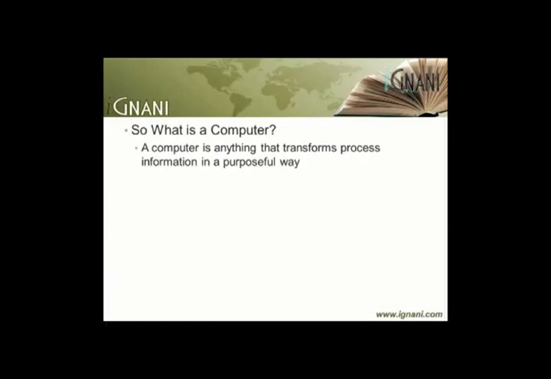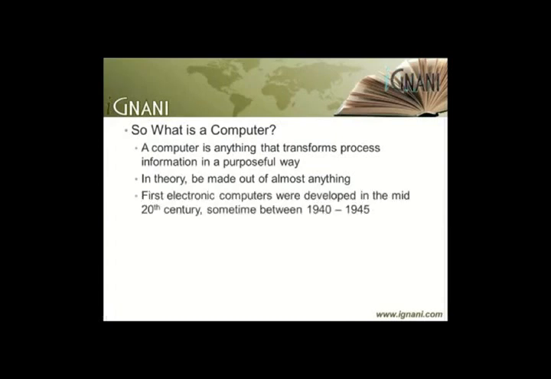It is meant to be inclusive of any device that is essentially controlled by a basic computer, CPU, program, etc. While a computer can, in theory, be made out of almost anything, it's not necessary that it should be a desktop or laptop computer that you saw earlier. Mechanical examples of computers have existed through much of recorded human history. The first electronic computers were developed in the mid-20th century, sometime between 1940 to 1945.